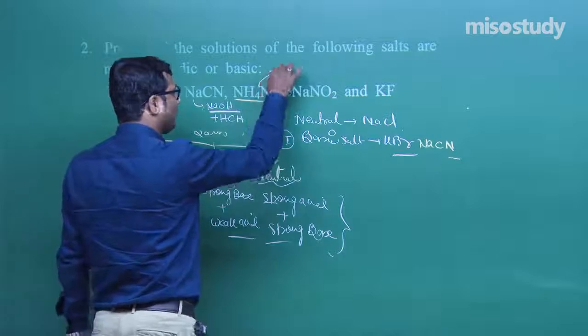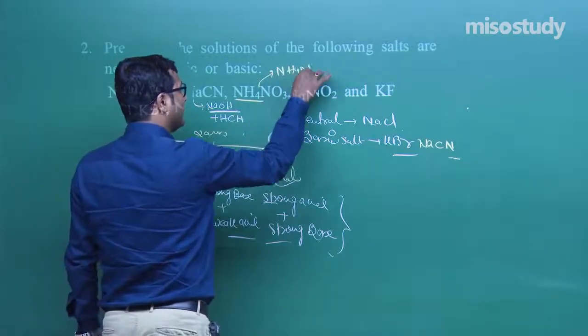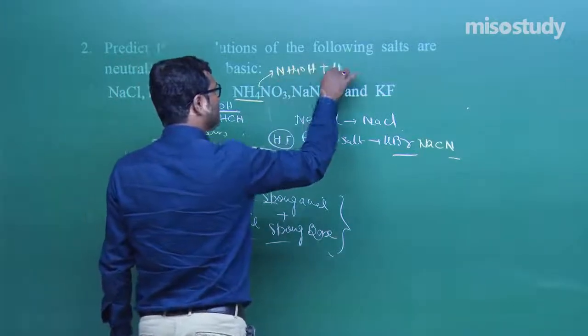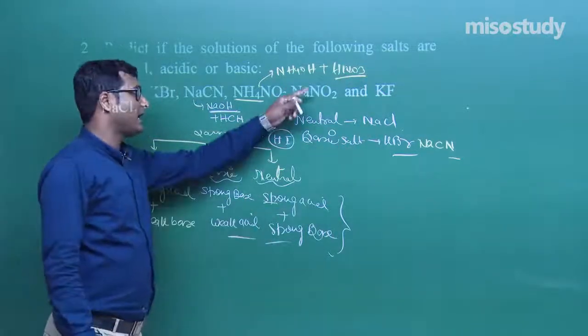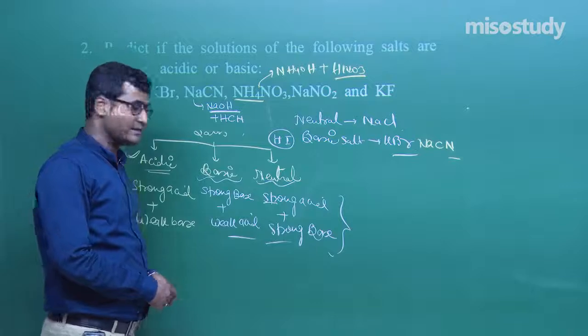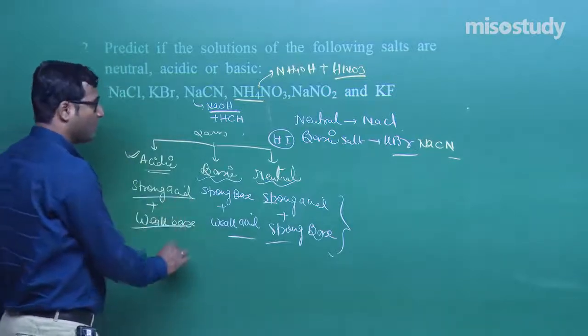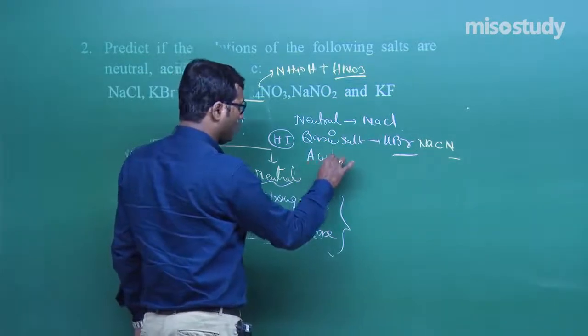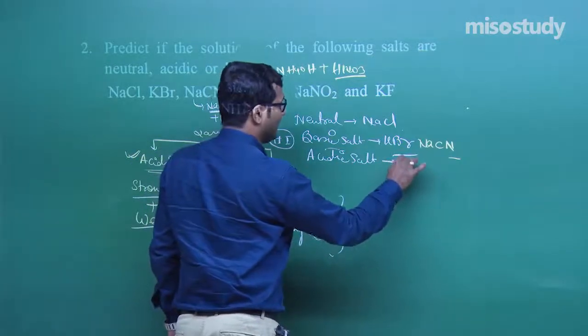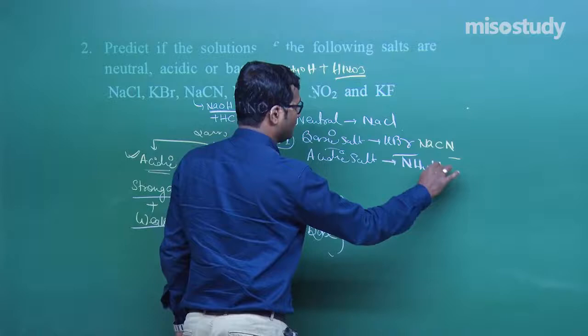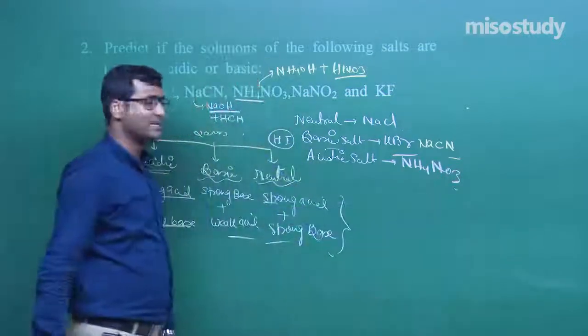NH4 comes from NH4OH and NO3 comes from HNO3. We know nitric acid is a strong acid and NH4OH is a weak base. So this one is strong acid, weak base, so we will say NH4NO3 is an acidic salt.